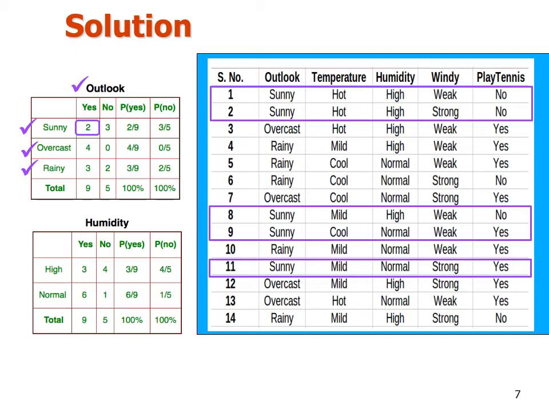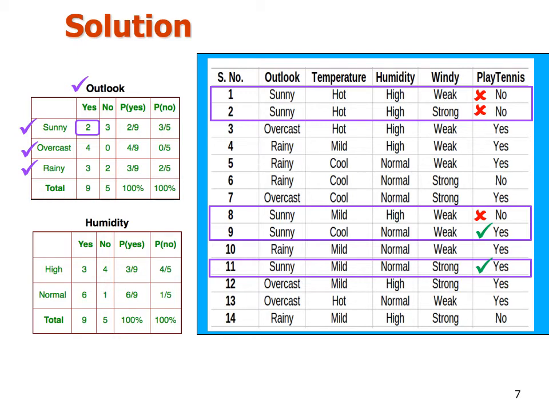Out of those 5 instances, if we look at the play tennis attribute, 2 instances are having the value of play tennis as yes, and for 3 instances the value of play tennis is no, and that is why we are having here the value 2 for sunny yes and the value 3 for no. Further, we have computed now the probabilities for yj.